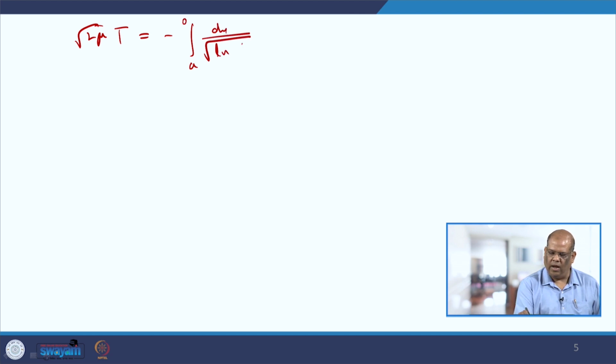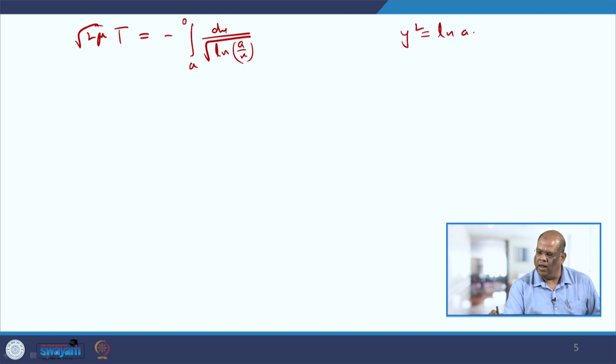I will get root 2 mu times T is equal to minus integral from a to 0 of dx by root of ln a by x, where y square is equal to ln a by x, which I can write as ln a minus ln x.